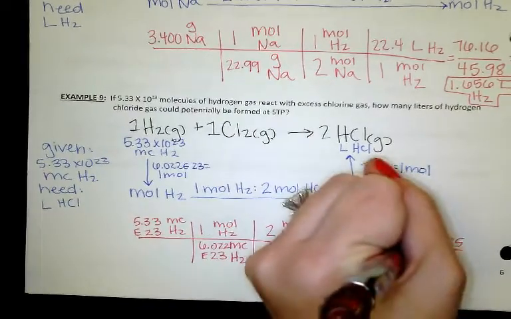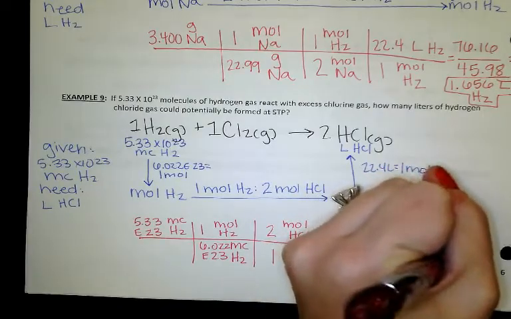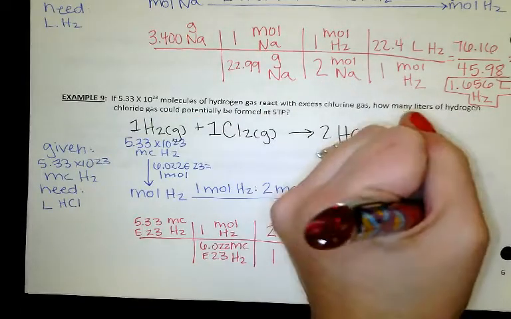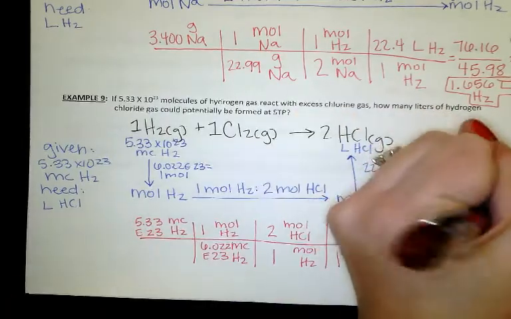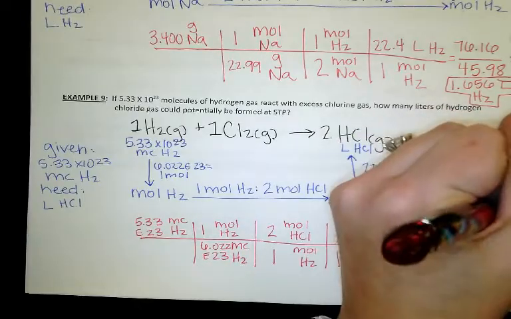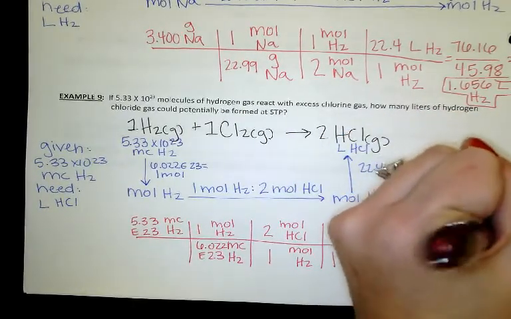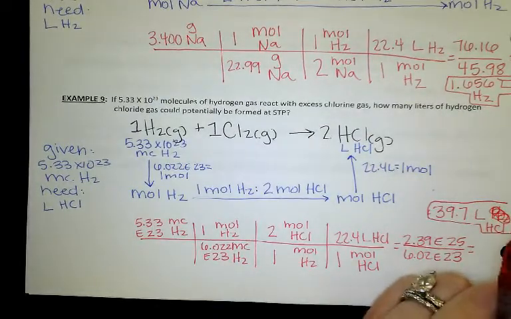And then we're going to divide by Avogadro's number on the bottom, 6.022 times 10 to the 23. And that's going to give us 39.7 liters of hydrogen, not hydrogen, sorry, hydrogen chloride gas. Okay? So that's how we convert using 22.4.